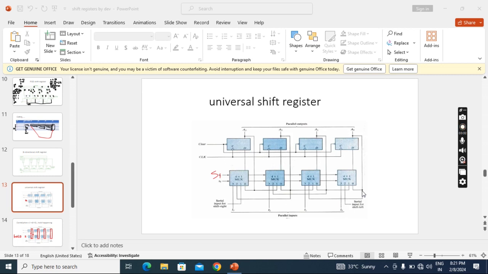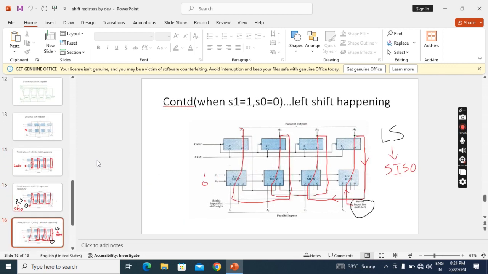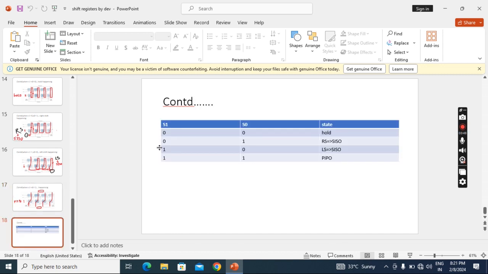Now we'll see the working. It will work in 4 states: one is hold, another is right shift, another is left shift, and the last is parallel in, parallel out. When S1 equal to 0 and S0 equal to 0, it is hold.